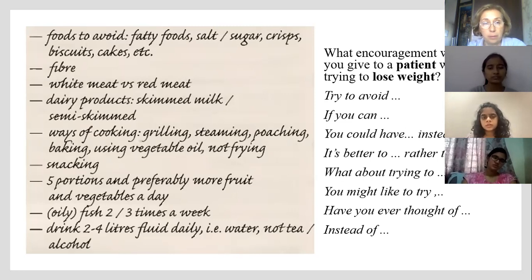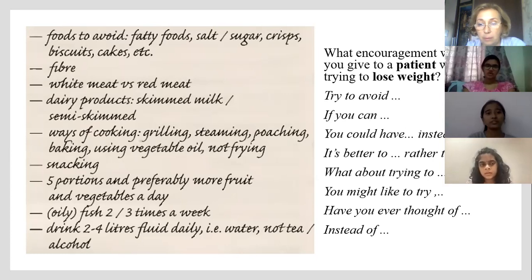Instead of drinking 2 to 4 liters of fluid daily, you should start taking hot tea. Who would like to add something here? Try to put fiber in your food. You can have white meat instead of red meat.